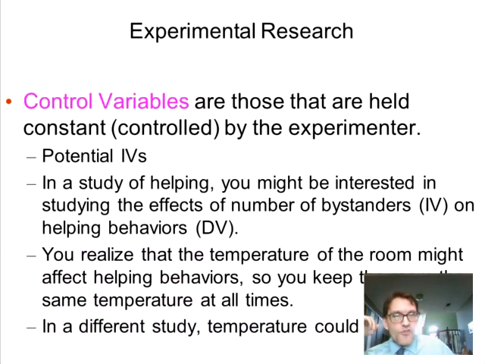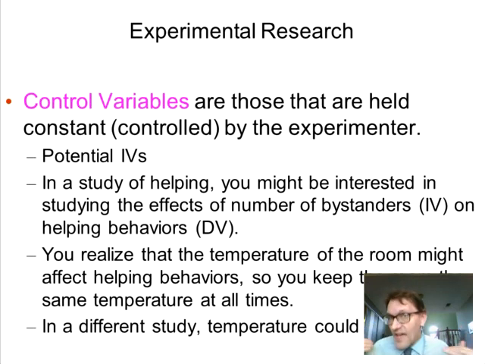Control variables are those things that you, the experimenter, are in charge of making sure. Say, for example, you're doing a study on helping behavior, and you're thinking, if it's cold, people may not be as helpful because they want to get out. Remember, this is an experiment between happiness and helpfulness, like we described a little bit back.